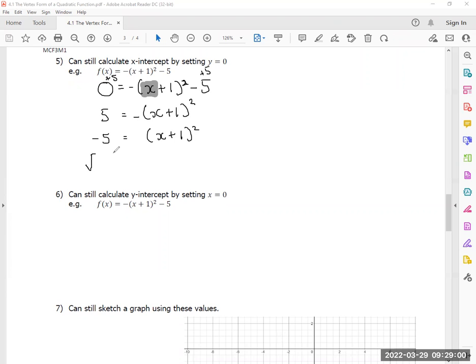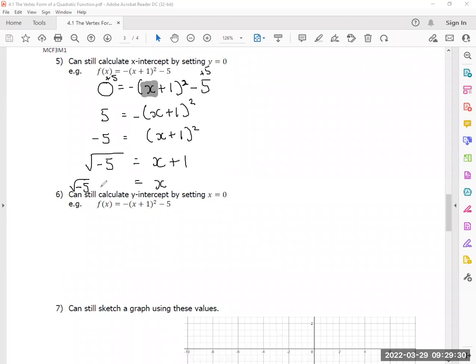And I could go further, right? I want to get x all alone. Let's say you want to go further. I'm going to subtract 1 from both sides, so it becomes this.